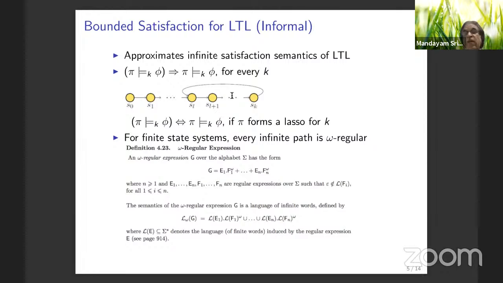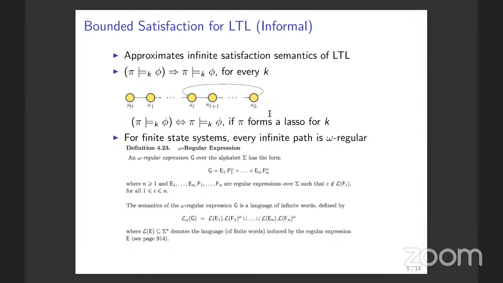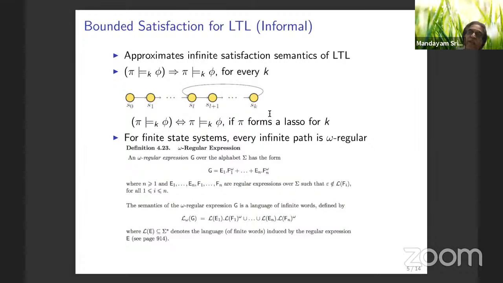And we will use the information, whether it is lassoed or not, in defining it. So it will be approximate. You can't answer conclusively if the path has not lassoed at point K. Does that answer your question? So in general, if it does not lasso, we can't say anything about satisfaction, until it lassos.